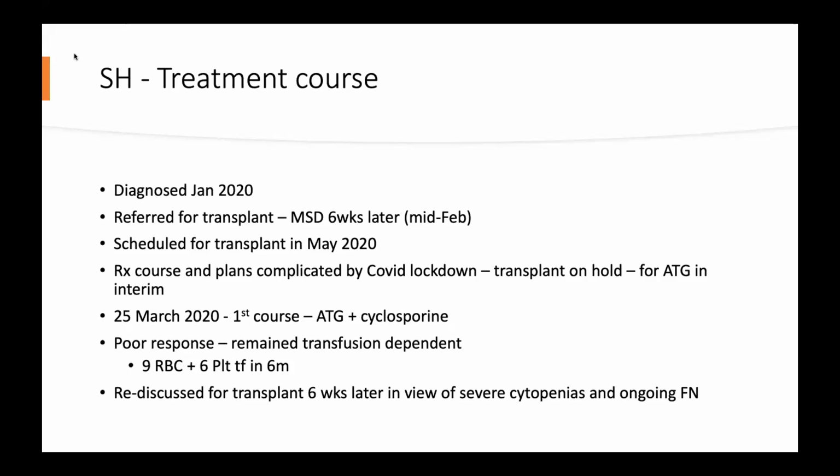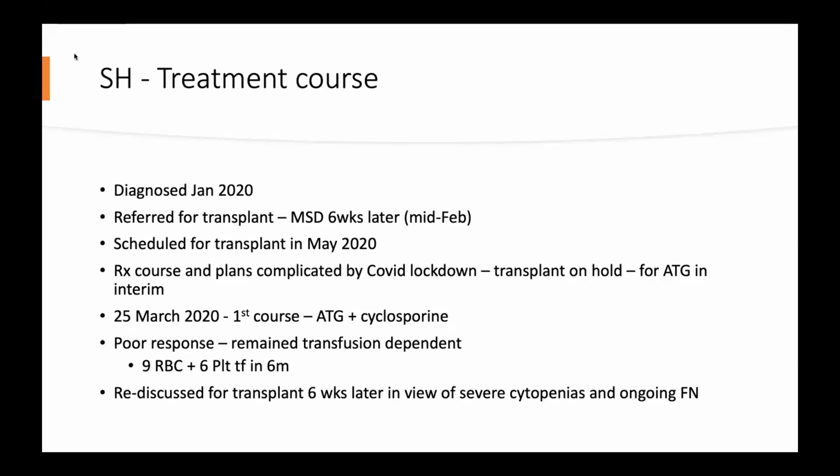What happened was we had lockdown, which happened initially in March, and his treatment course and plans for transplant were actually complicated. His transplant was put on hold, and because he was so transfusion dependent, we decided that we would give him ATG in the interim. So his first course of ATG was given at the end of March, together with cyclosporin.